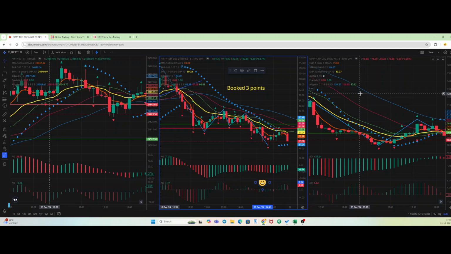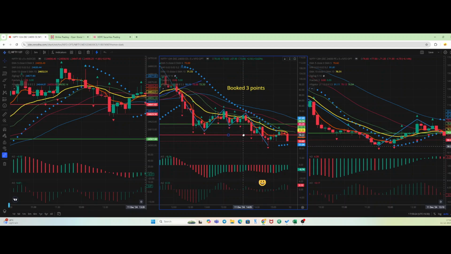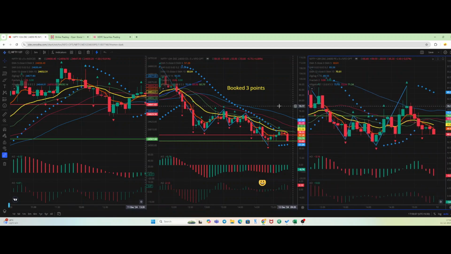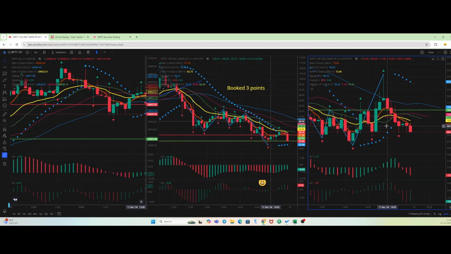If you see here, this is the 3 o'clock candle. Whichever side it is breaking, that time we will take the trade. Here, this 3 o'clock candle is breaking on the upper side, that is why we are considering this side.